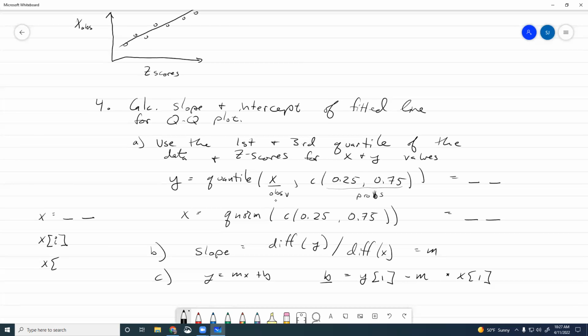So if I do x[1], it's just going to give me this first value. If x had 10 values in it, then I could just do whatever index I want to put in there, and it's going to spit out that value. So the brackets work for vectors, they work for matrices, they work for data frames, but for data frames you can also do the $ sign and find a particular column.